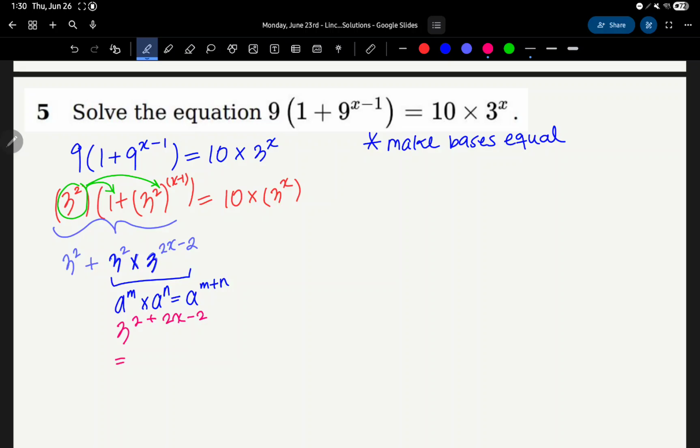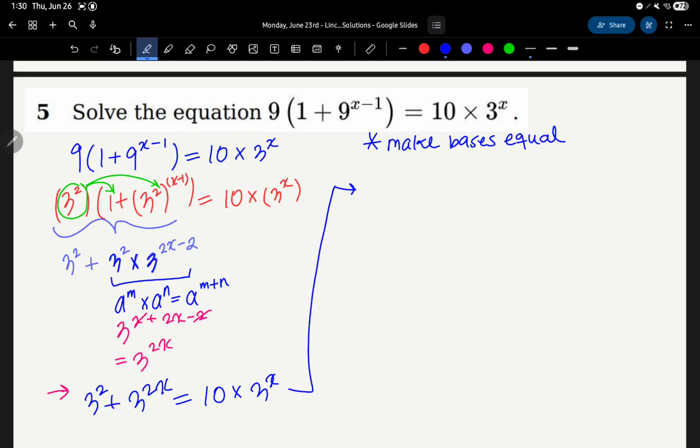What does that equal to? 2 cancels out. 3 to the power of 2x. That's what we get. So instead of all the different numbers, we actually end up with 3 to the power of 2 plus 3 to the power of 2x is equal to 10 times 3 to the power of x. So this looks pretty workable, right?